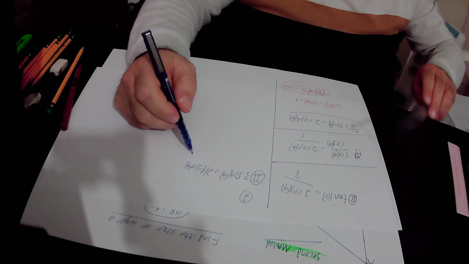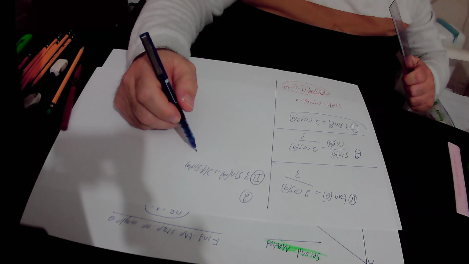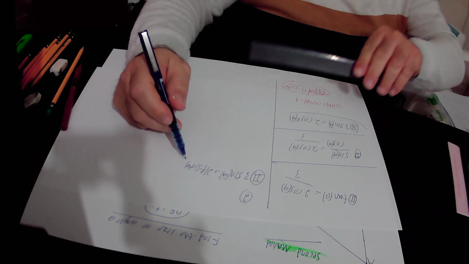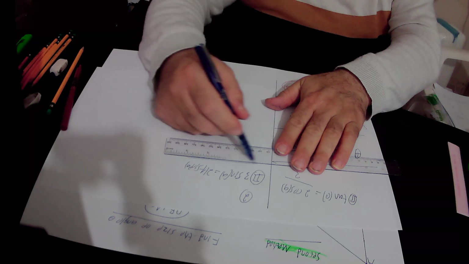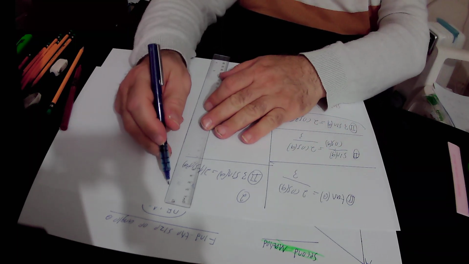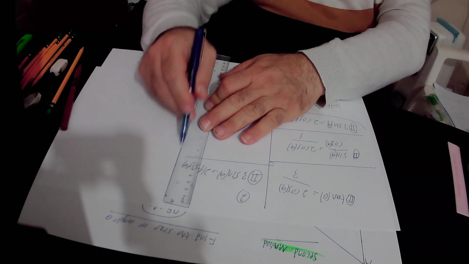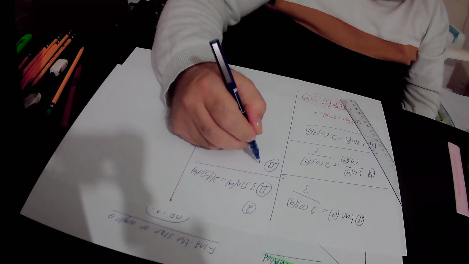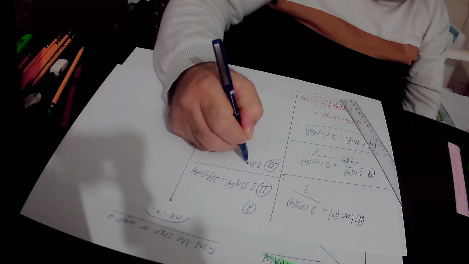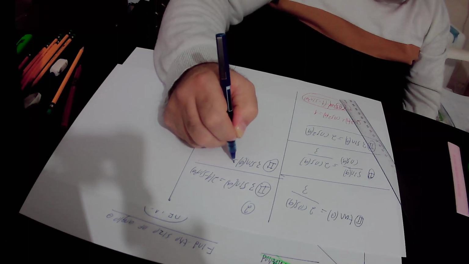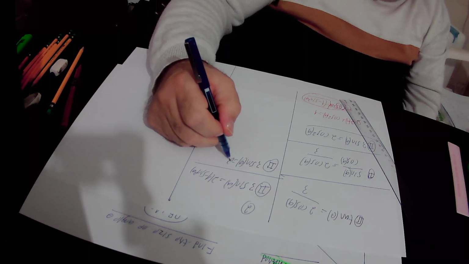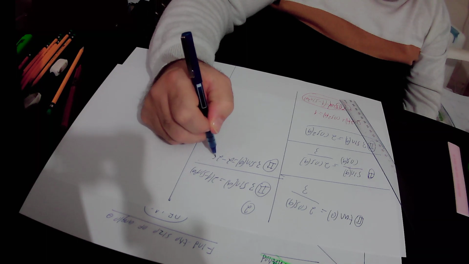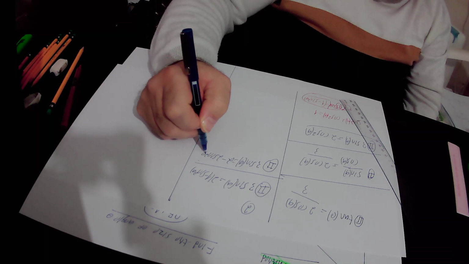So we substituted cosine square alpha by 1 minus sine square alpha. We will open the brackets here and get 3 times sine alpha equals 2 times 1 is 2 minus 2 times sine square alpha.